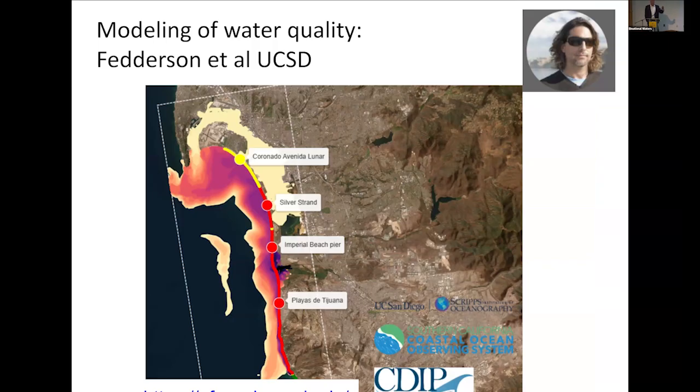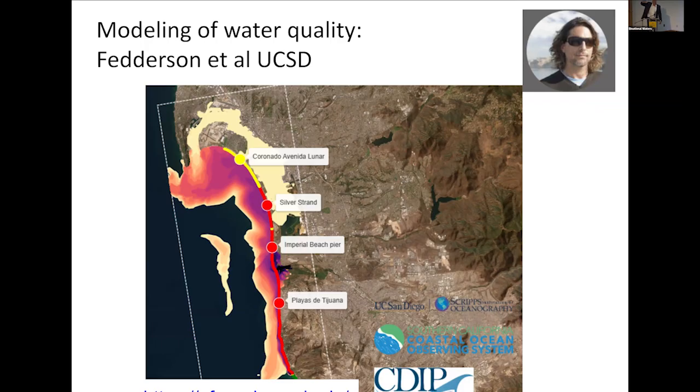So the next step after monitoring and remote sensing is modeling. This is a model and forecast of water quality in the region, which includes Mexico, put together by UC San Diego. There's a website here, you can check it out.